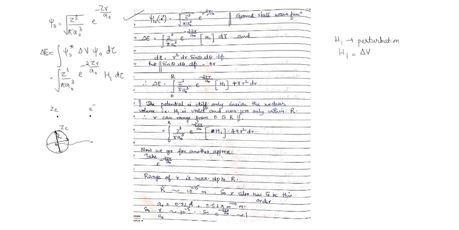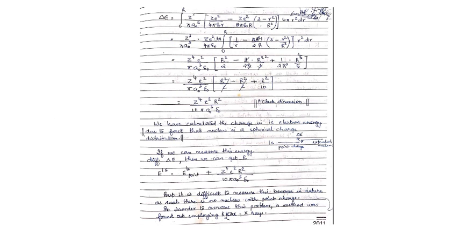So when you make that substitution for d tau, you have 4 pi r square dr. So our integral is pretty much simplified, and we are left with the integral from 0 to R of z cube by pi a naught cube times the change in potential energy times 4 pi r square dr. The exponential term has been approximated to be 1.